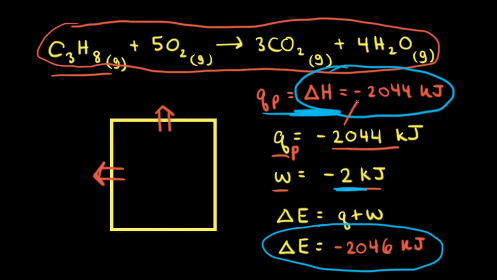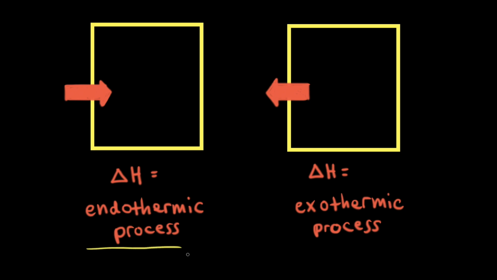When delta H is negative, we call that an exothermic process. So the combustion of propane is an exothermic reaction. An endothermic process is where heat is transferred from the surroundings to the system. So the system has gained heat from the surroundings. The change in enthalpy delta H is positive for an endothermic process.